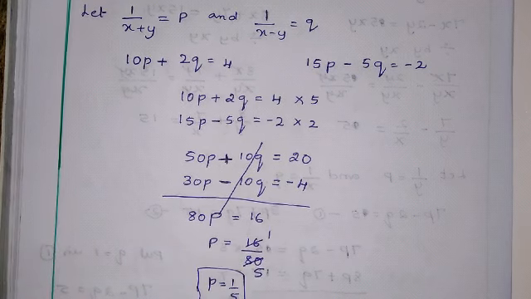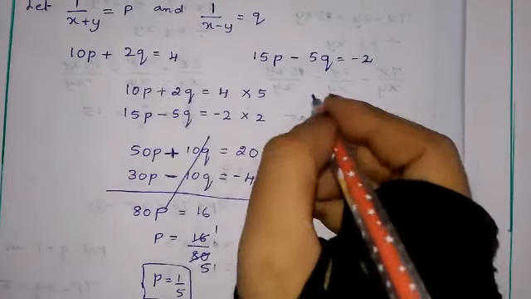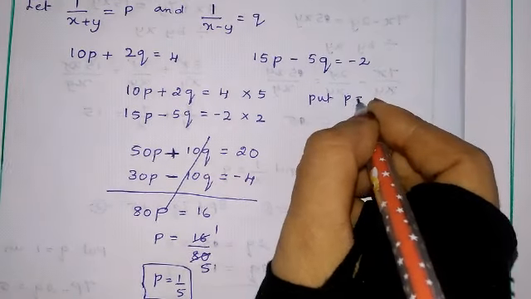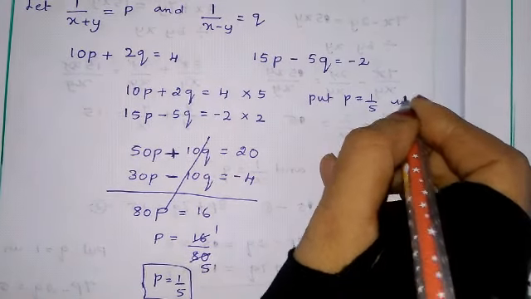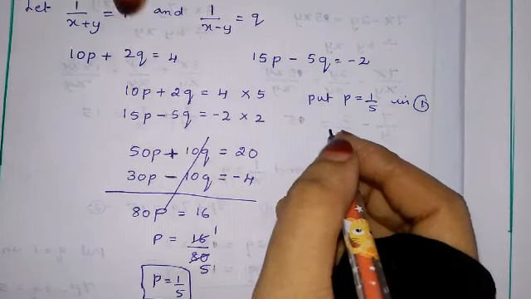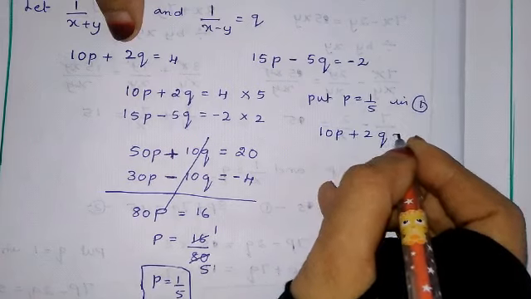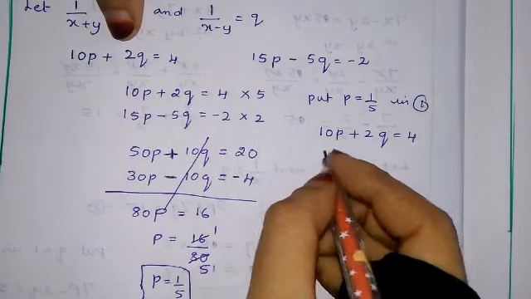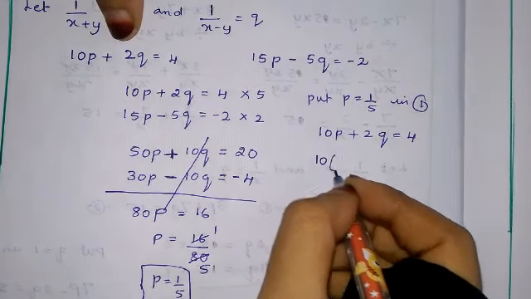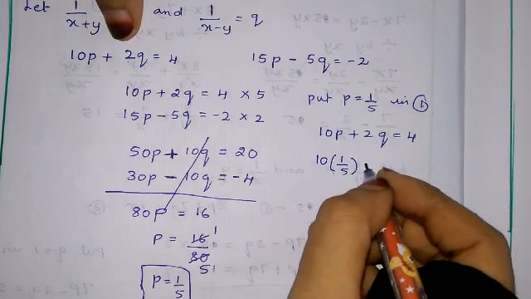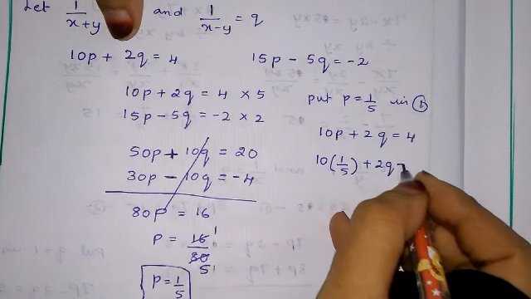Put p is equal to 1 by 5 in any equation. Put p is equal to 1 by 5 in 1. Okay, 1 I'll take. 10p plus 2q is equal to 4. 10 times p value 1 by 5 plus 2q as it is is equal to 4.